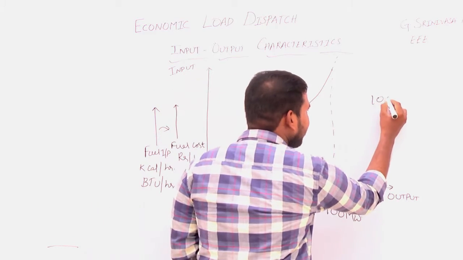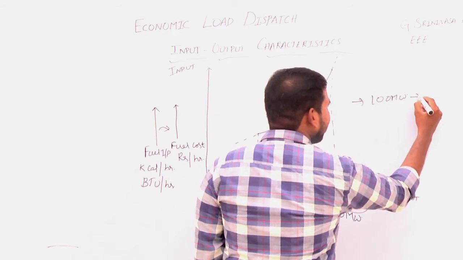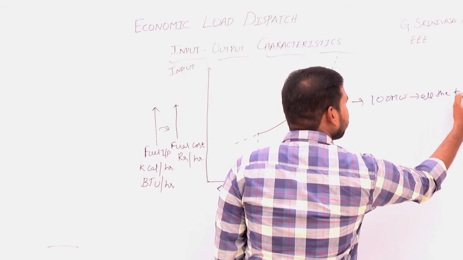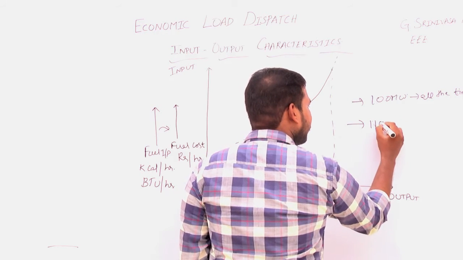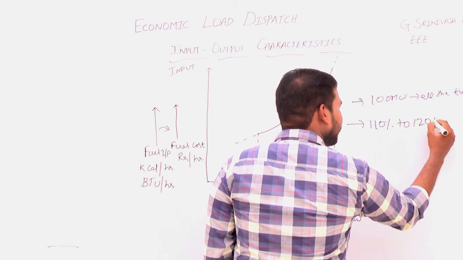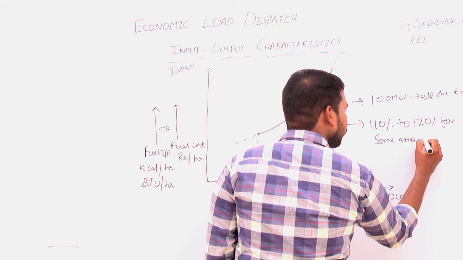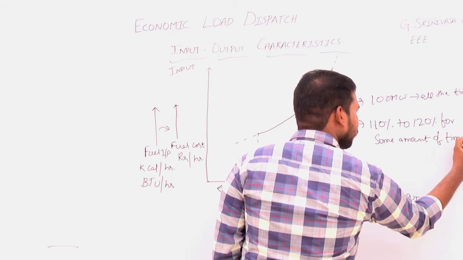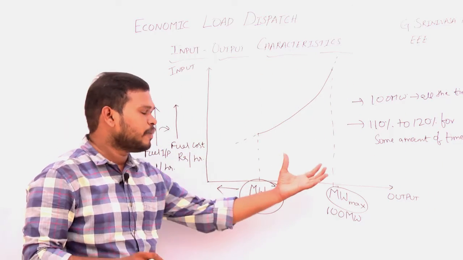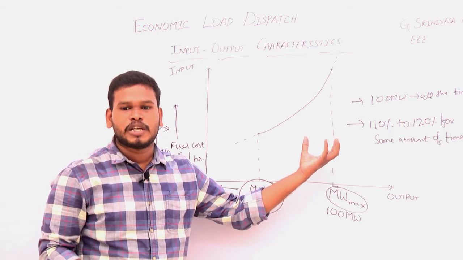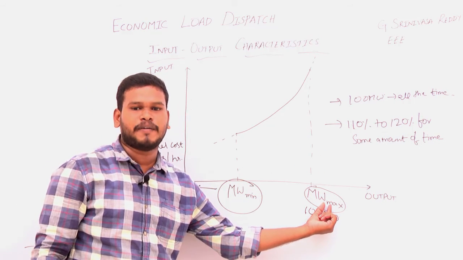Suppose the rating is 100 megawatts maximum. It can generate that all the time. It can generate some 110% to 120% only for some amount of time. So based on the design of the alternator and the fuel input, it can generate only up to a maximum amount of power.